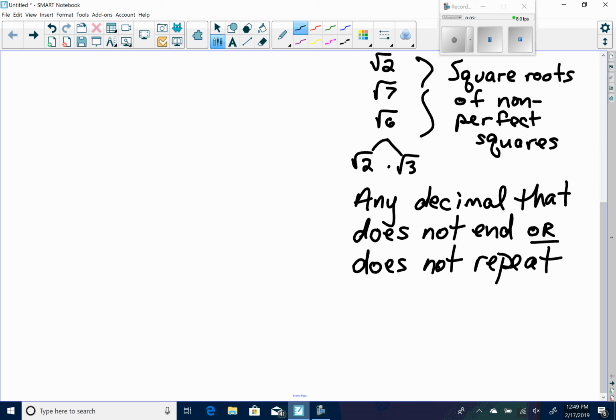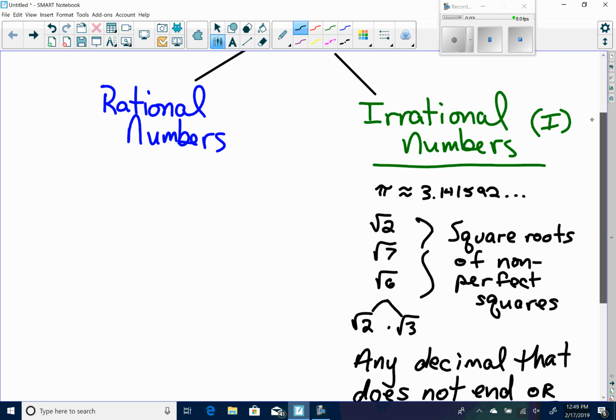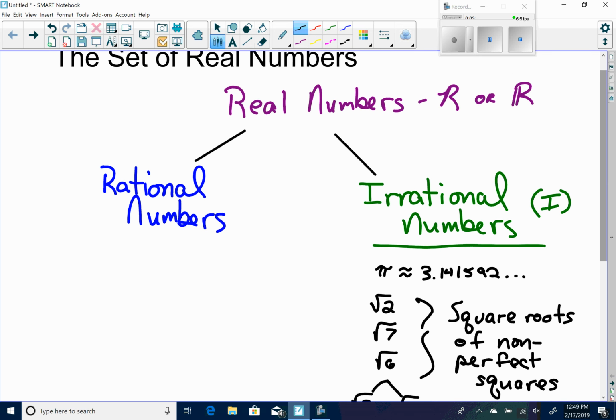Another way to refer to this is non-terminating, non-ending. So it just keeps going on and on. There's no pattern to it. There's no repetition to it. So in a decimal form, it could just be 1.718965347. I mean, it just keeps going on and on there. So that would be an irrational. All of these are examples of irrational numbers.